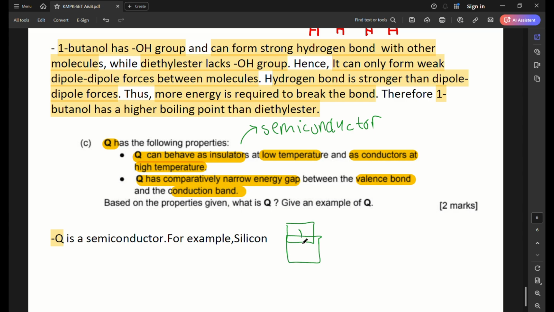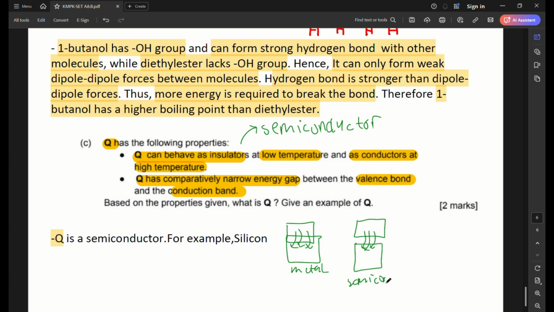So that means electrons can jump easily between the conduction band and the valence band. This is for the metals. And for semiconductors, there is actually a small gap here. So it can still jump, but it's not as efficient as a metal.